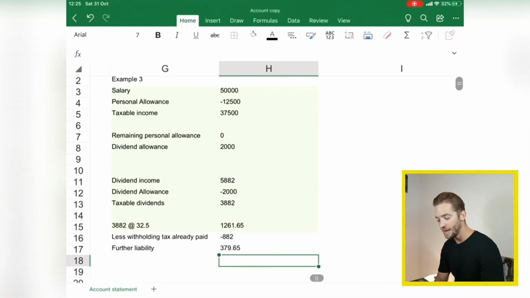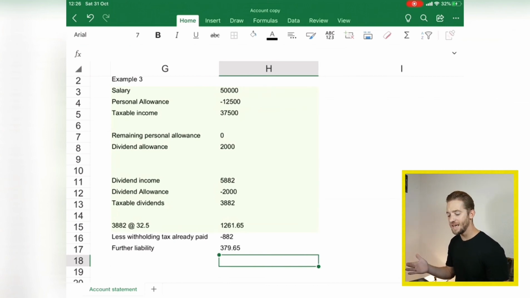Of course, you've already had 15% withheld by the US, which is £882, and that's going to leave you with a further liability that needs to be paid to HMRC of £379 there or thereabout. So you can see here, it gets a little bit complicated with different levels of income, different sources of income, and dependent on where the dividends are actually coming from.